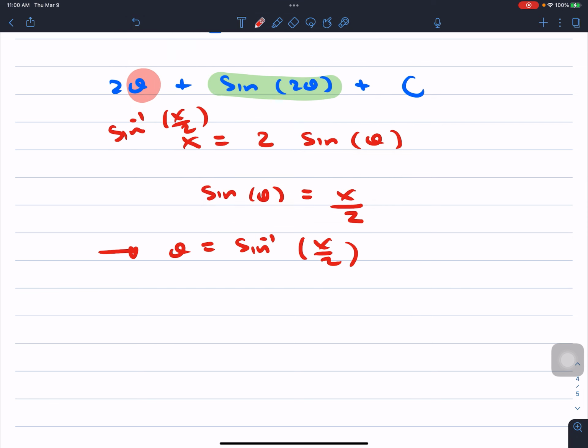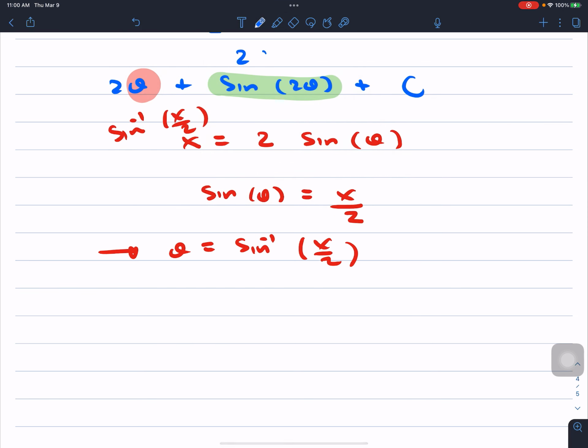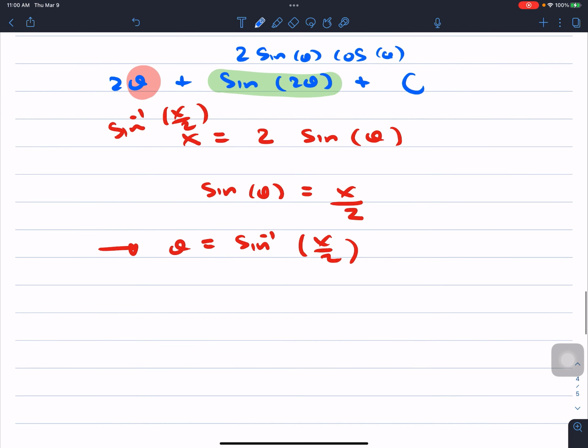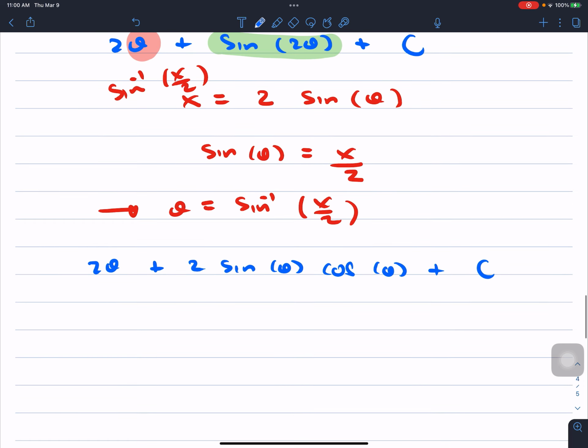Wasn't this 2 sine theta cosine theta? Is that right? Okay. So let me write this down here. So you guys, let's put it all together. 2 theta plus 2 sine theta cosine theta plus c.